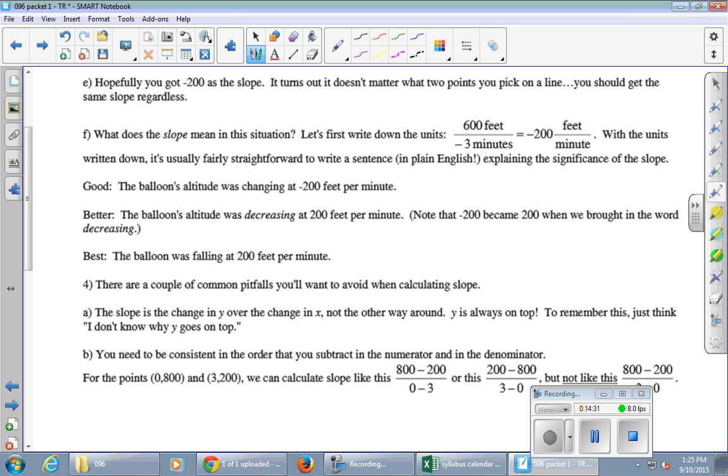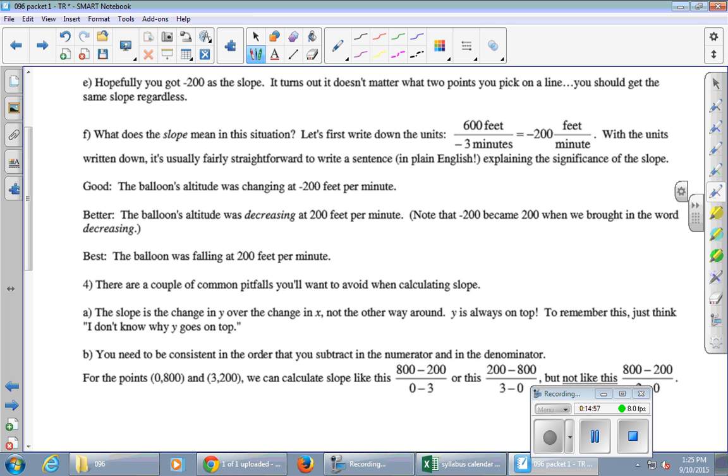Let me put something in here that makes this not full credit. Decreasing at -200 feet per minute. That's not right. If you say decreasing, you are taking care of that negative sign. Good? And then the best answer, maybe get rid of that word increasing or decreasing entirely and just replace it with falling. The closer we can get to plain English, the better our sentences are. So the balloon was falling at 200 feet per minute.